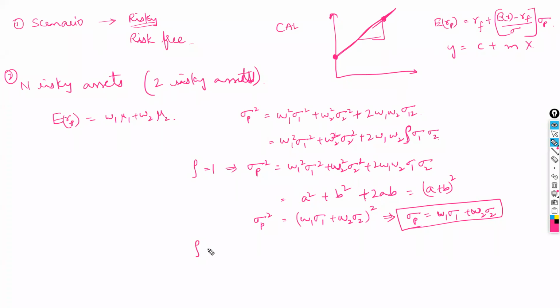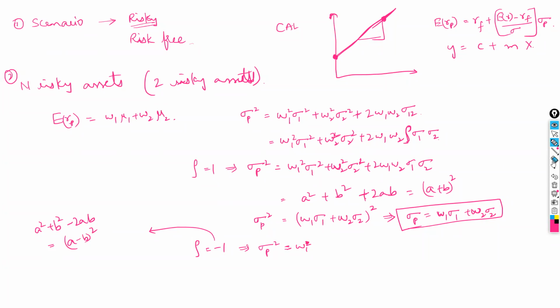However, if rho equal to -1, this becomes sigma p square. Sigma is risk basically. W1 square sigma 1 square plus W2 square sigma 2 square, but instead of 1 you put -1, so this becomes minus 2 W1 W2 sigma 1 sigma 2. So this formula would be like a square plus b square minus 2ab, which is nothing but a minus b whole square.